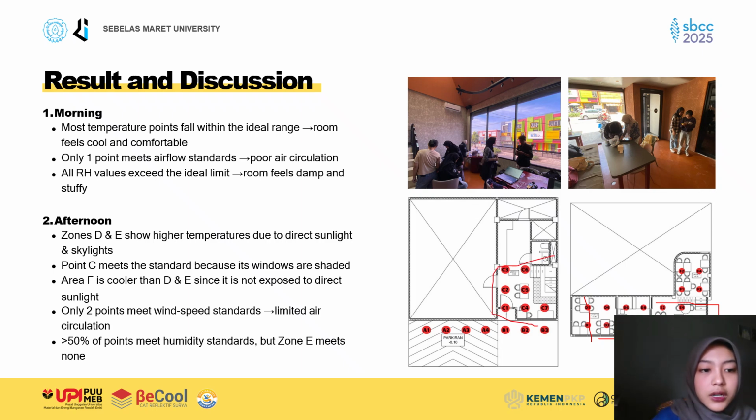Area F is cooler than D and A since it's not exposed to direct sunlight. Only 2 points meet wind speed standards, so there is limited air circulation. And 15% of points meet the humidity standard, but zone A meets none.